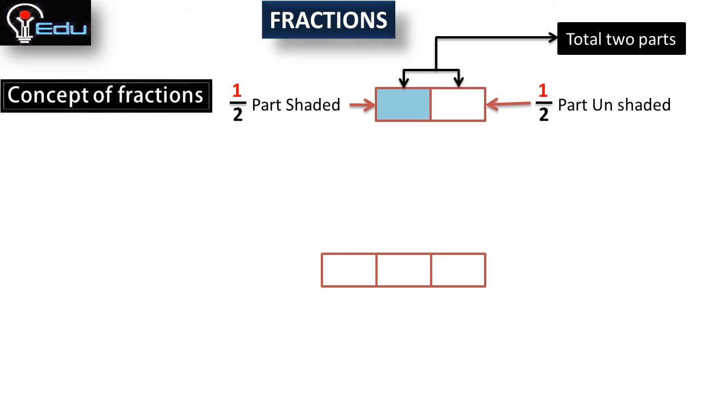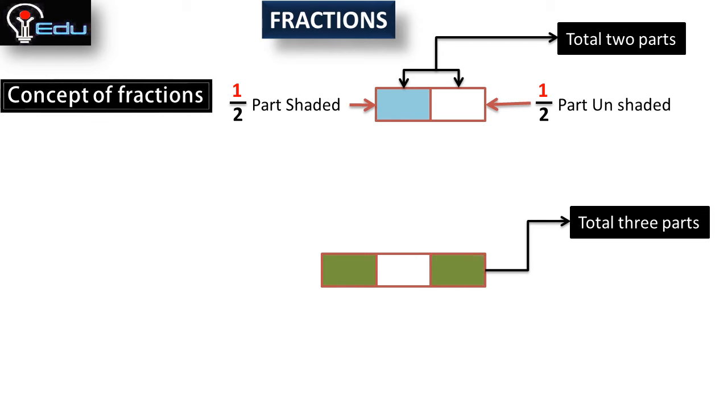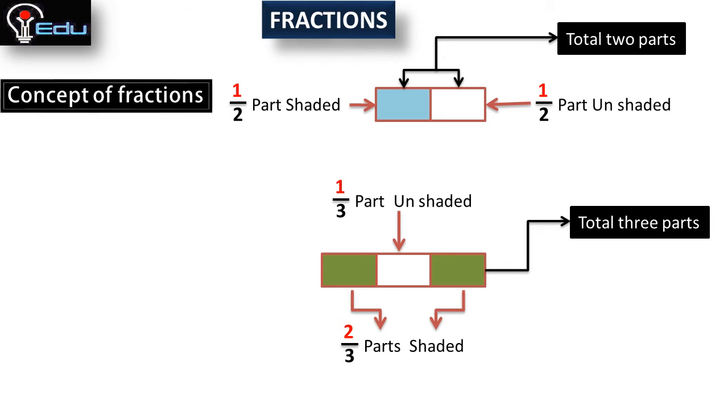And next, one more example, 3 parts. So, total parts are 3. In this we have shaded 2 parts out of 3 parts, means 2 divided by 3 parts are shaded. To represent these shaded parts, we require fractions.